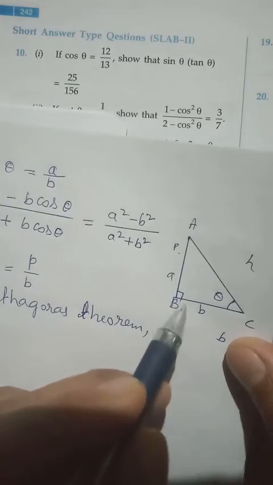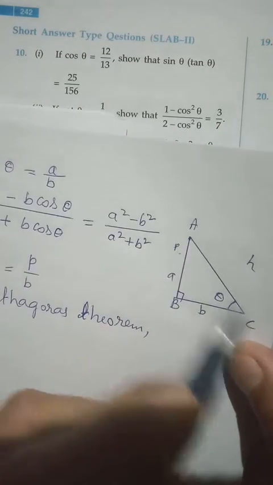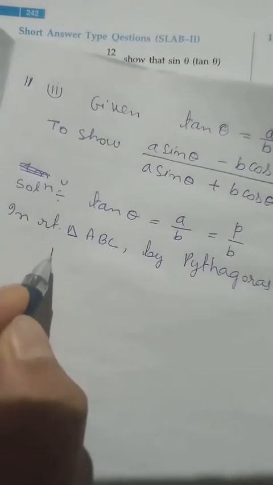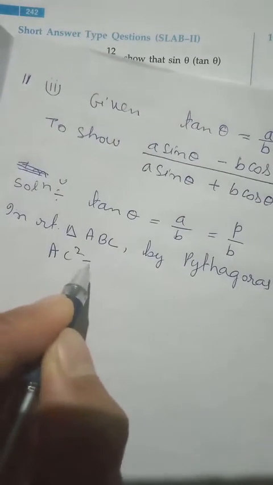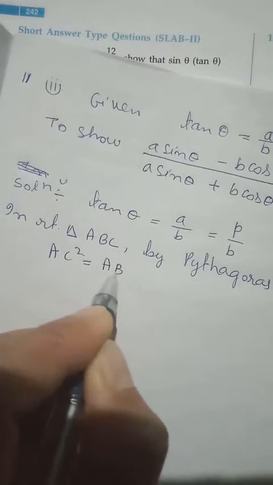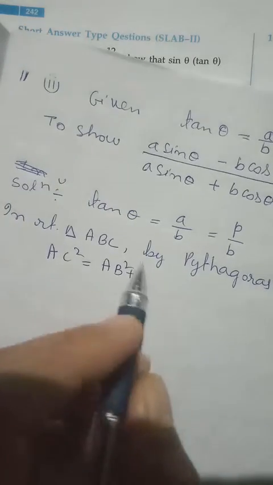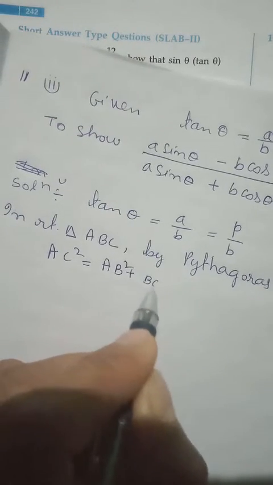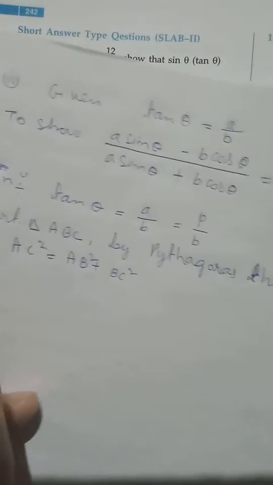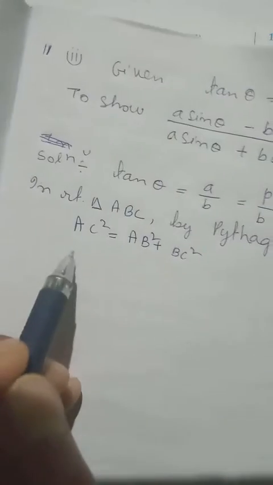Here is the perpendicular. If we look from the figure, opposite to B we have AC, that will be the hypotenuse. AC square equals, compared to the diagram, AB square plus BC square. AC we don't know the value, let it remain there.